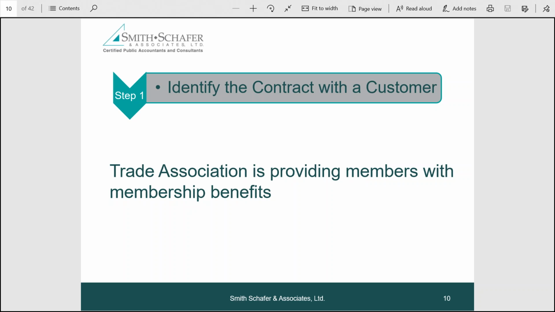And so the reason it's such a low threshold is because FASB wants you to achieve step one. If you can't achieve step one and have a contract, you can never get to steps 2 through 5. So again, that threshold is very low. So in this case, the trade association is providing members with membership benefits. That is our contract that we'll be considering as we go through the rest of the steps.